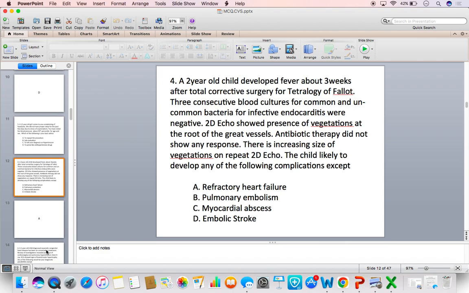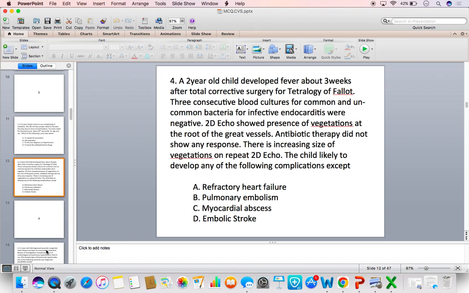Well, and if there is inflammation and pathology at the base of the aorta and the pulmonary trunk, the child may suffer from refractory heart failure because of severe incompetence of these valves. Pulmonary embolism is a risk of the presence of vegetation at the base of the pulmonary trunk. Embolic stroke with cerebral embolism is again a complication.